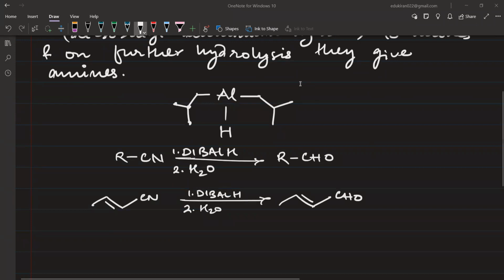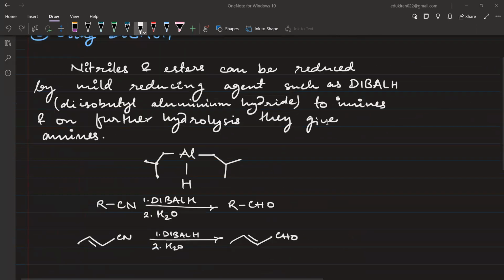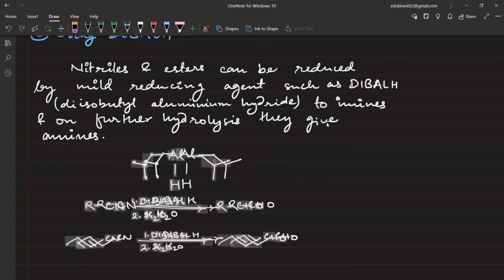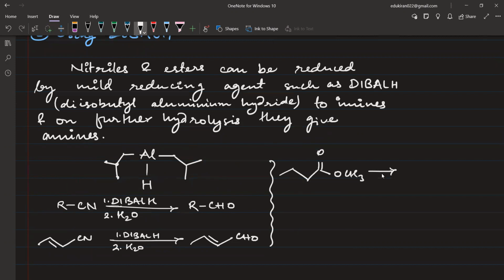Yes, Fahad, that is nitriles. First line: nitriles and esters can be reduced by a mild reducing agent such as dibal H. Similarly, if you have esters, double bond O, OCH3, then again, the first step is dibal H. Second step is water.